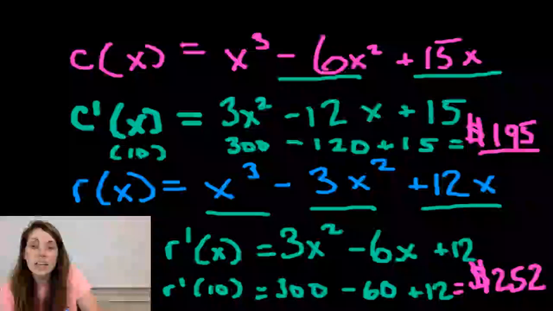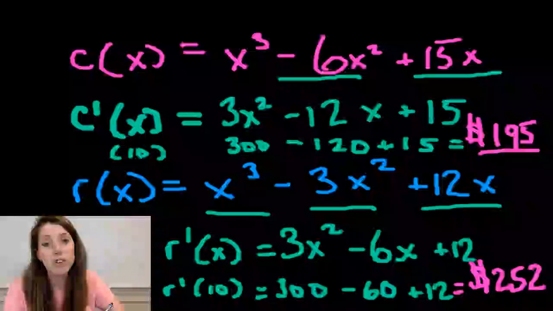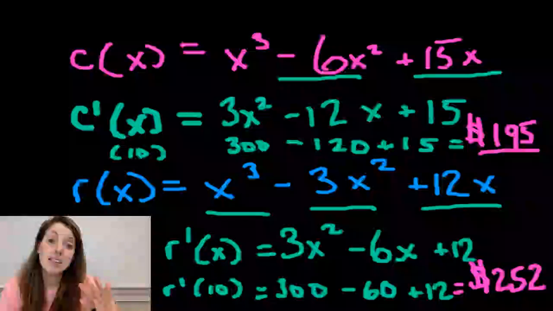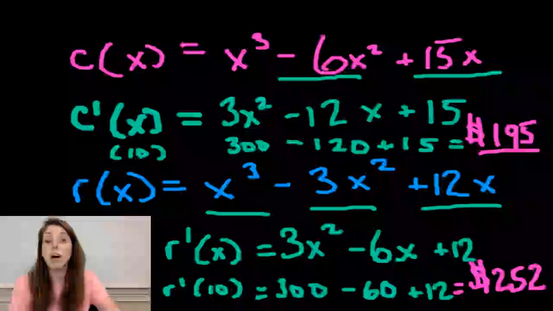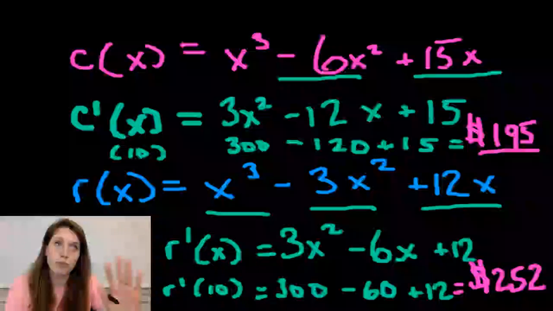So to produce one more, it would cost us just shy of $200, but it would also bring in roughly $250 more, here $252. So in this case, if this is our business, we can use the idea of marginal cost, marginal revenue, change in cost, change in revenue, I should say.